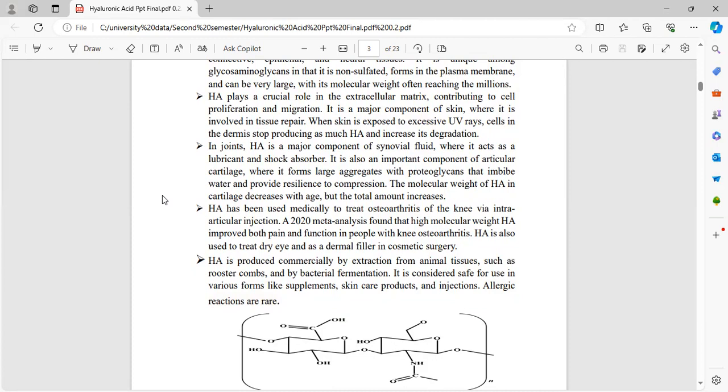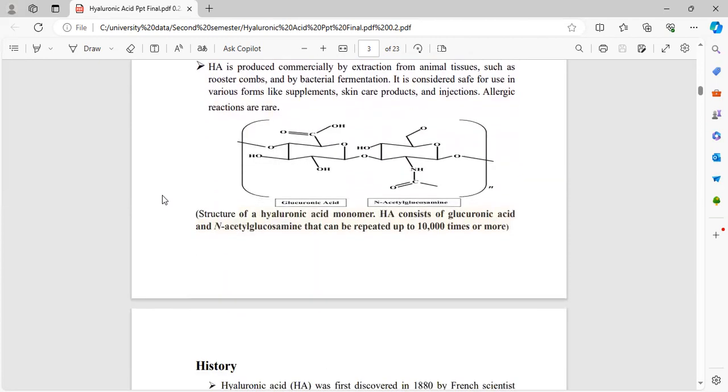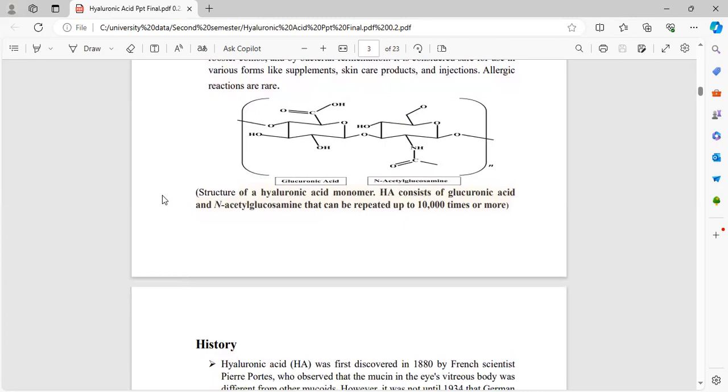Hyaluronic acid is also used to treat dry eye, and as a dermal filler in cosmetic surgery. It is produced commercially by extraction from animal tissue such as rooster combs, and by bacterial fermentation. It is considered safe for use in various forms like supplements, skin products and injections. Allergic reactions are rare.